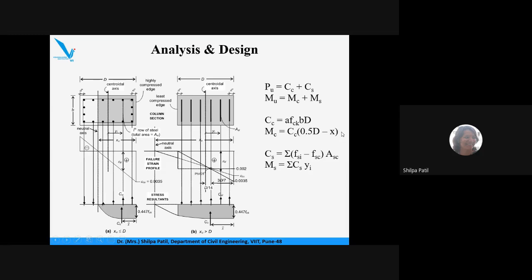Similarly, the force developed by the steel will be considered as the equivalent stress developed in the steel, or rather, if you remember the doubly reinforced section analysis formulae we have used.